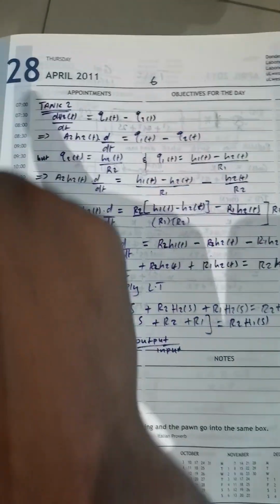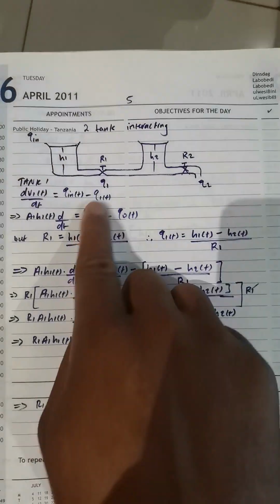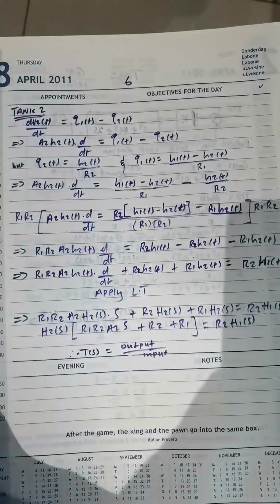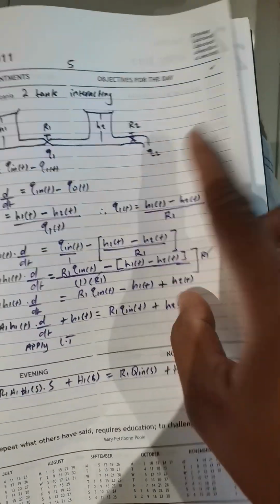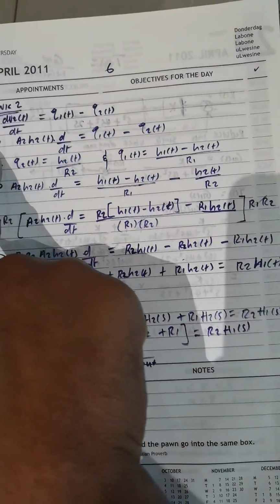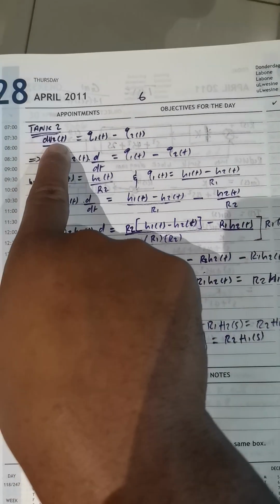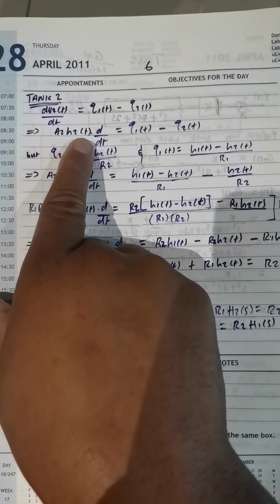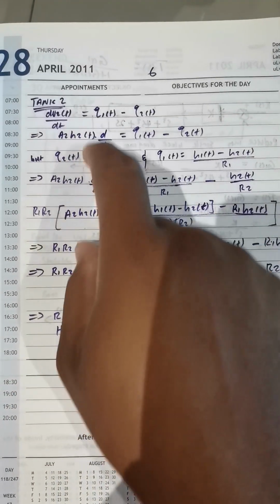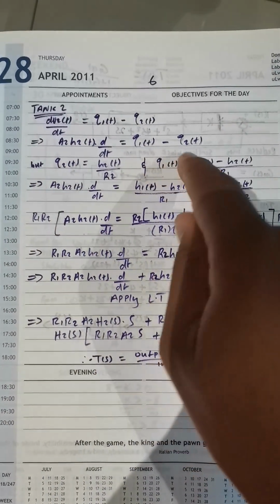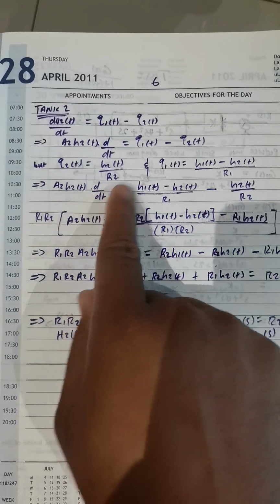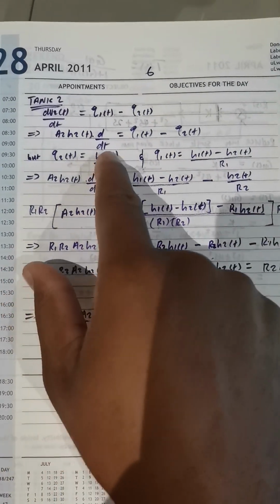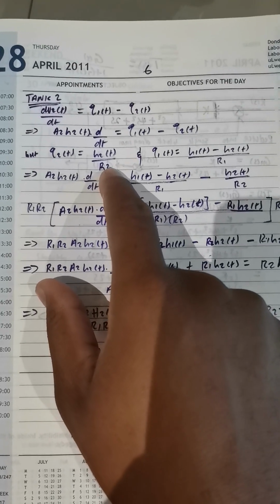Q in is Q1 here, that's why I use Q1 minus Q2. Then I need to replace this V2, so it's area 2 H2 at t times d over dt equals Q1 at t minus Q2 at t, and Q2 is the output of tank 2. Q2 is H2 all over R2.